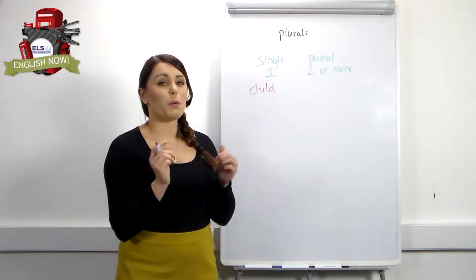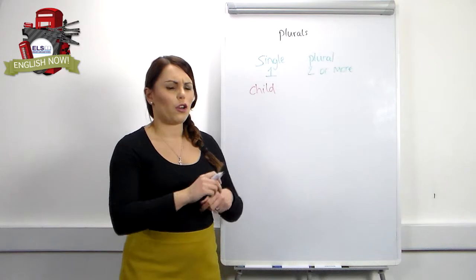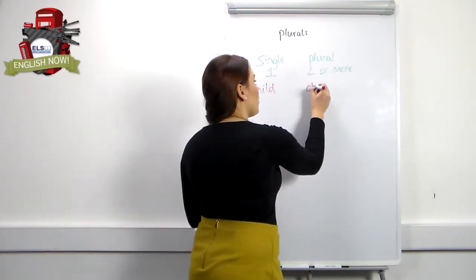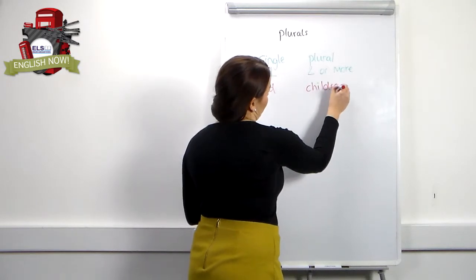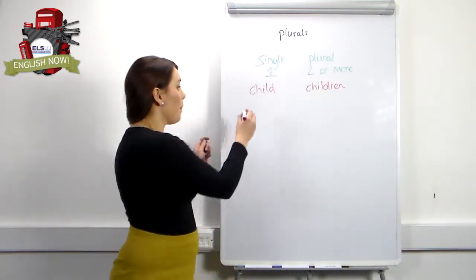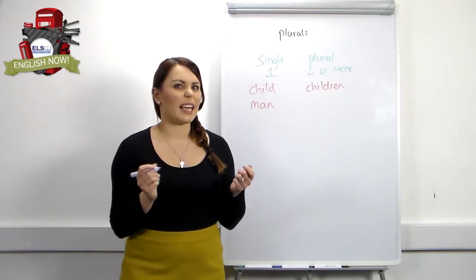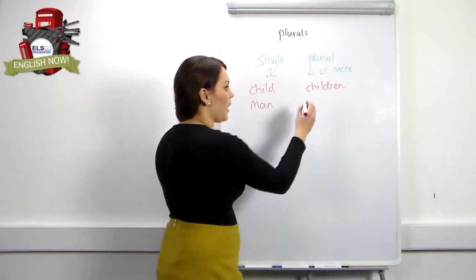Child, we wouldn't say I have two childs, we'd say children. Man, one man, we wouldn't say two mans, we'd say two men.